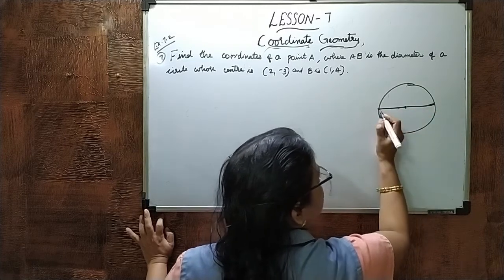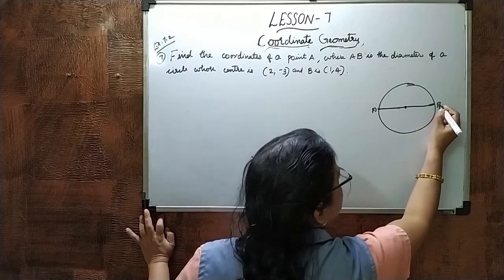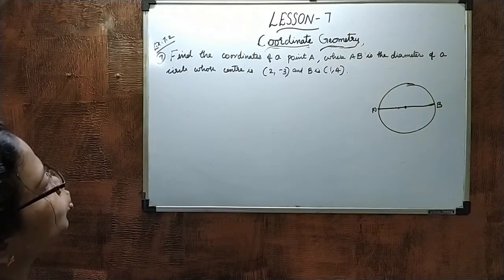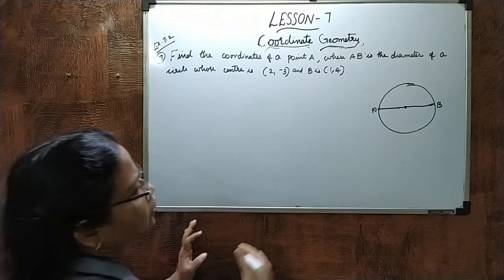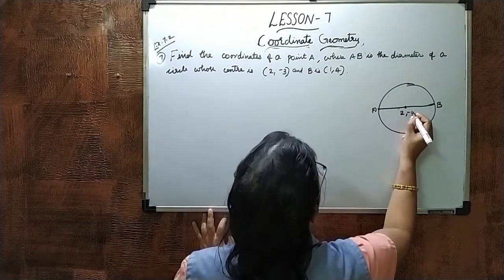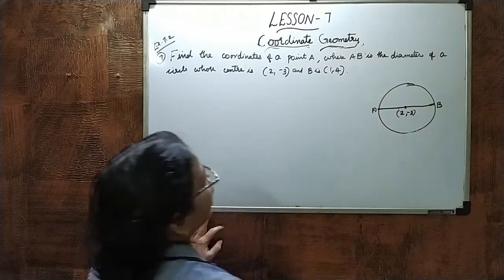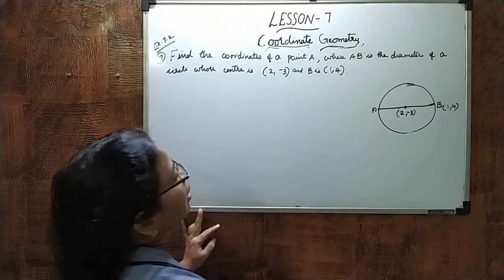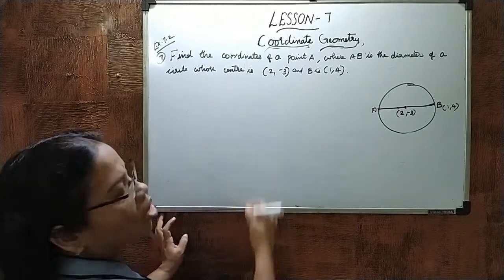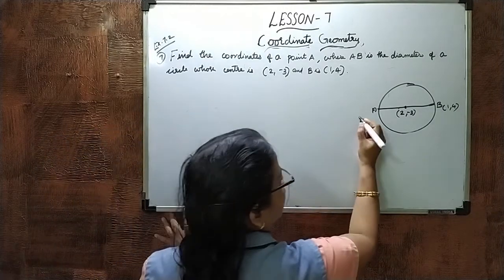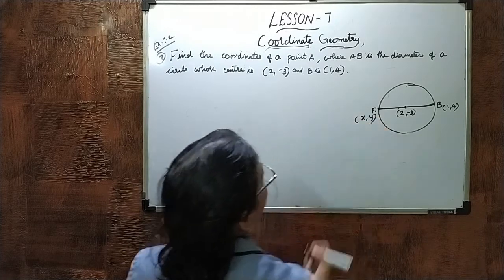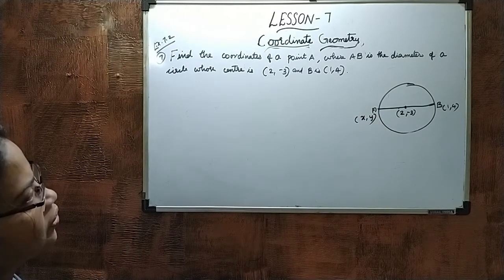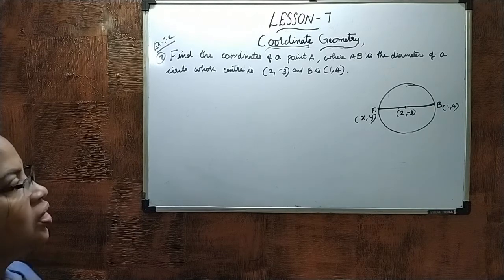And then whose center is 2, negative 3. So this is the center 2, negative 3, okay? And B is 1, 4. What about A? We have to find the coordinates of the point A. So A should be x y, okay? So this is the question.